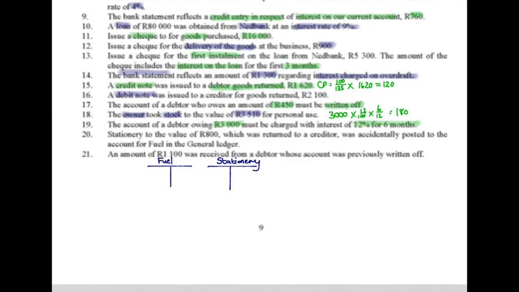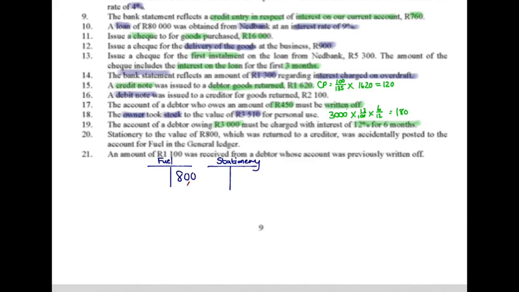Number 20, stationery to the value of 800, which was returned to a creditor, was accidentally posted to the account of fuel. So when I return, I'm going to post it as a return in fuel, and that was 800 Rand on the opposite side of where I record when I'm buying fuel. In other words, that's a credit entry in the expense account.